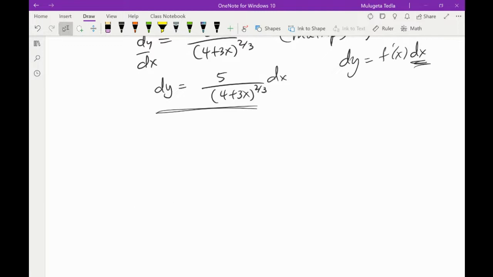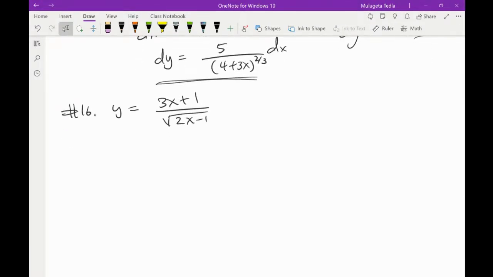So I will do one more, I think, like number 16 maybe. This is differentiation again, really nothing new. It's hard, that's why I picked it. So this is like (3x plus 1) over (2x minus 1) to the half.